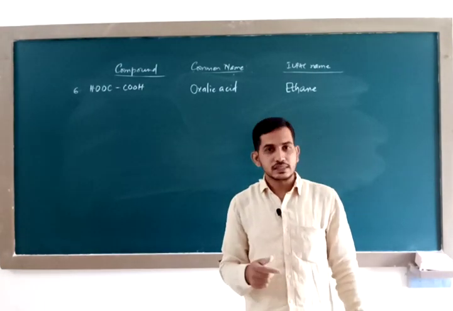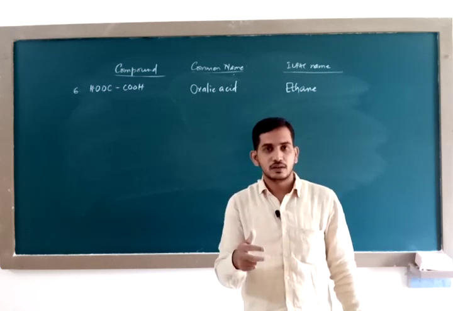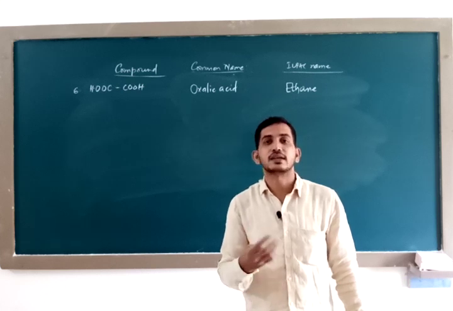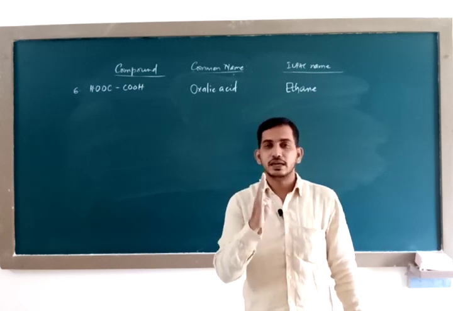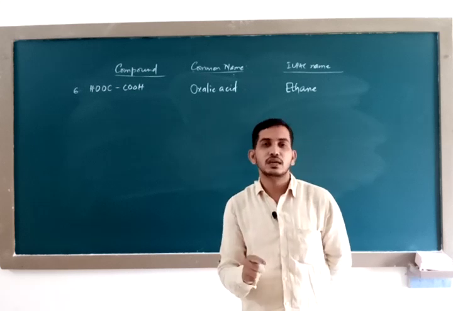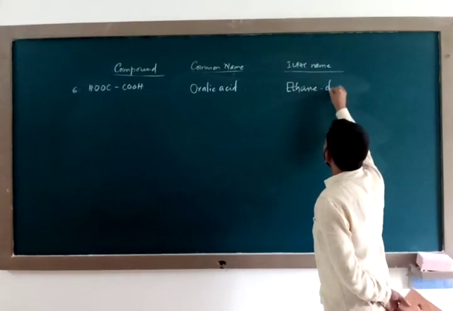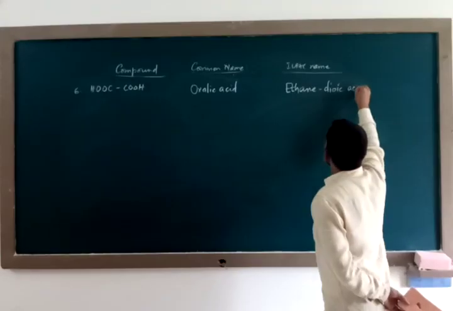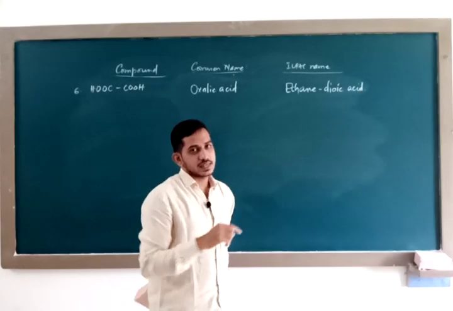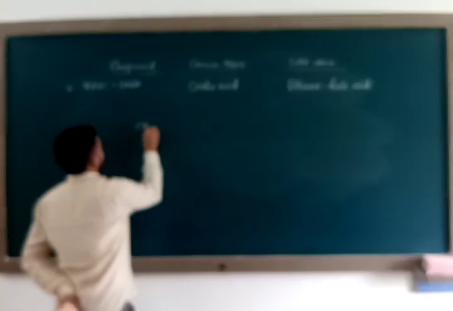Instead, prefixes like di if it has appeared twice, tri if three times, tetra, etc., are added before the name of the suffix. So what should I add now? Ethane dioic acid.